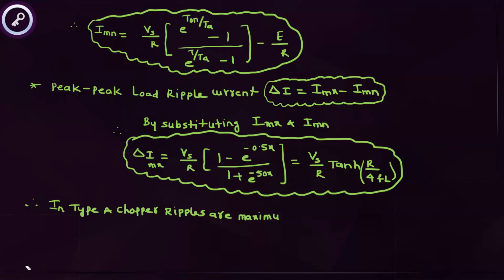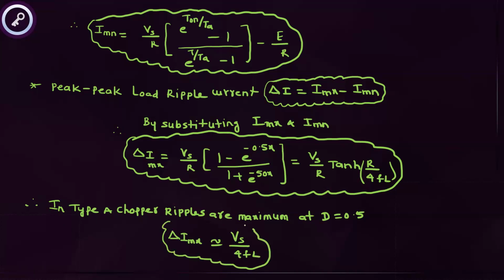That is the condition for maximum ripple current, which I already gave in the step down chopper also. Then this maximum ripple current is nearly equal to Vs by 4fL. Please refer to the step down chopper, where I gave this formula.